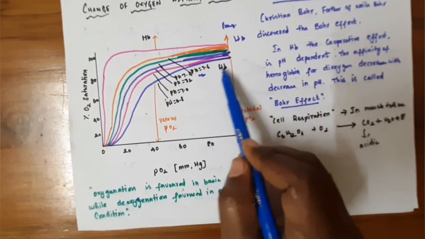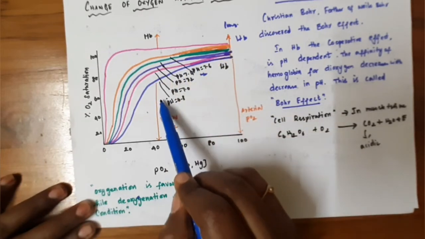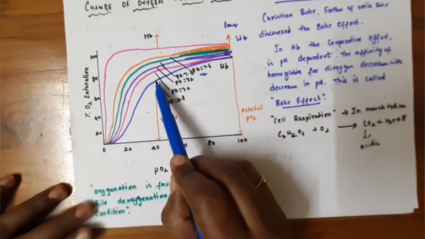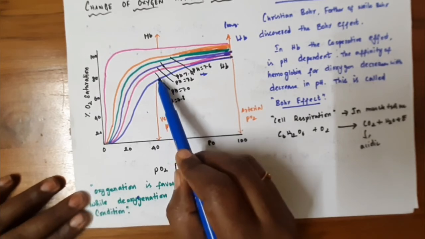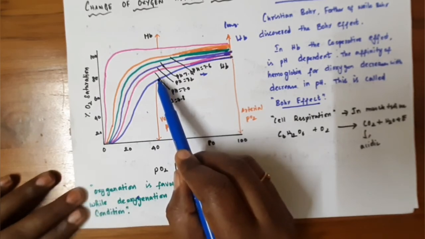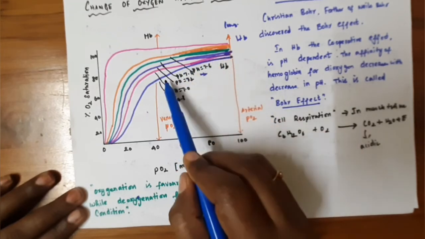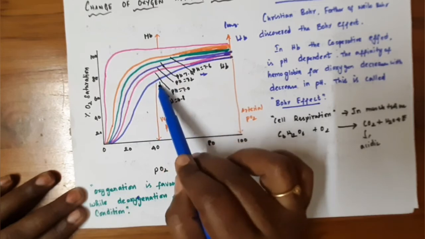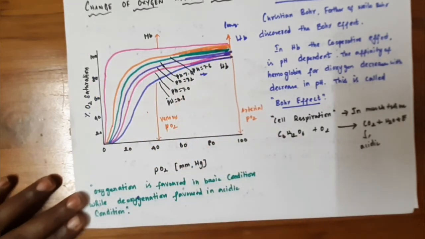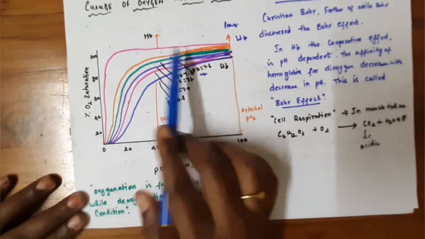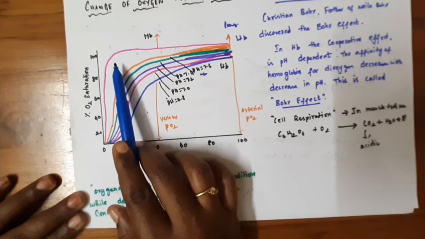When it reaches the muscle tissue, it experiences low pH because of the production of carbon dioxide by cell respiration. The muscle is acidic in nature, so it experiences low pH. So the hemoglobin releases the oxygen and shifts the curve to the left side, which tends to form the R state, that is the oxyhemoglobin.